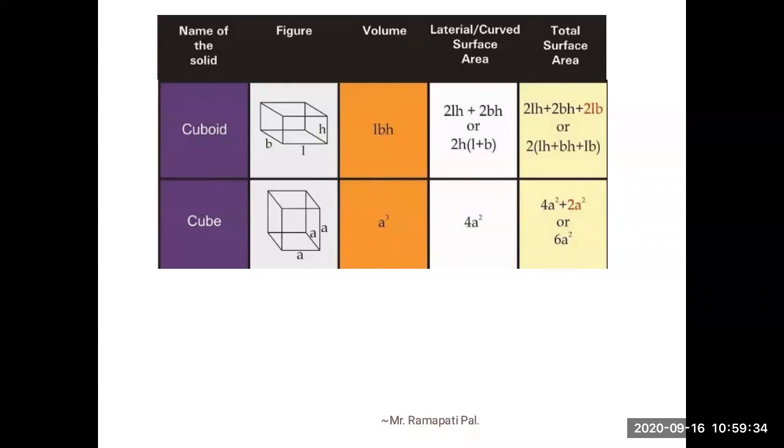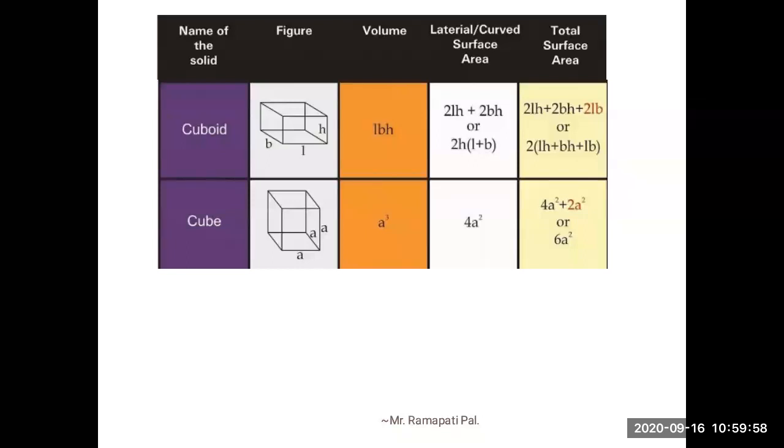Now here we are going to see lateral surface area. In the lateral surface area or curved surface area, what is it? 4a square. So why are we taking 4a square here? We leave the top and bottom areas.